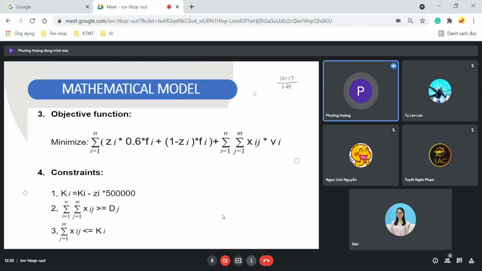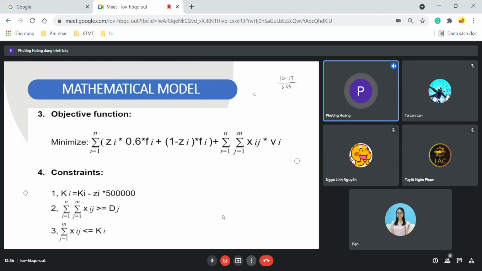If not, y equals 0 and the capacity of plane I remains the same. In the second and final constraint, the total products that plane I supplies have to be larger than or equal to the demand of market J and smaller than or equal to the capacity of plane I.